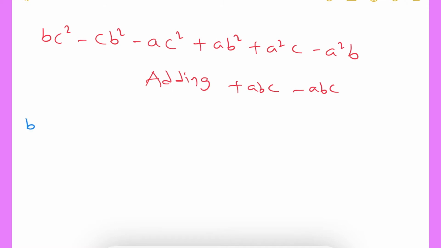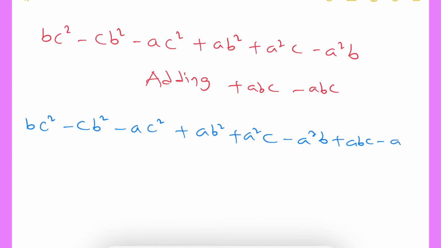So we get BC square minus CB square minus AC square plus AB square plus A square C minus A square B. Now writing plus ABC minus ABC. So now from these terms we need to take common. From which terms? From the first term BC square, from the second term minus CB square, from the third term minus AC square, and from the last second term ABC. From all these four terms I will take C common.